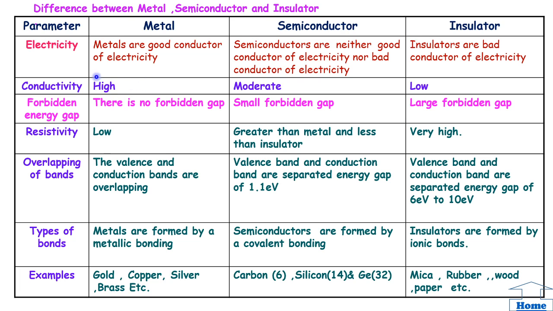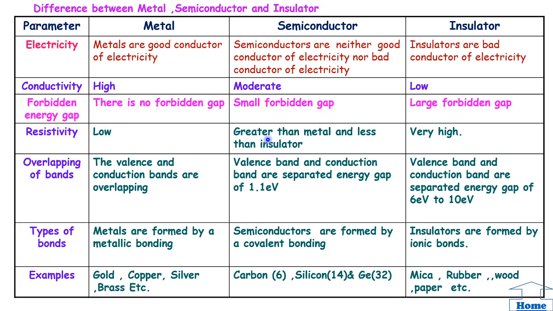In metal, conductivity is very high. In semiconductor it is moderate, and in insulator very low. Forbidden energy gap parameter: there is no forbidden energy gap in metal because the conduction band and valence band overlap. A small forbidden energy gap in semiconductor, whereas in insulator the forbidden energy gap is very large.